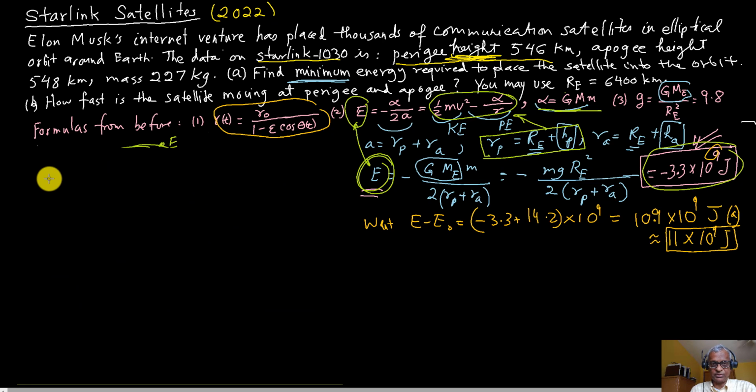Okay, extensions. One thing you can solve is not just the energy at any point, but what is the angular momentum?